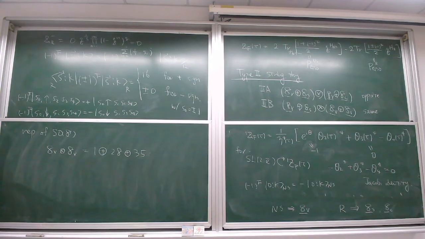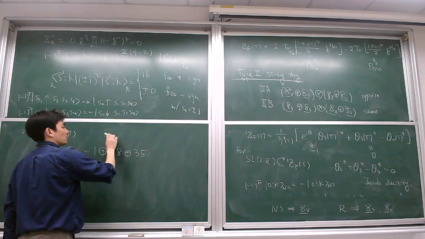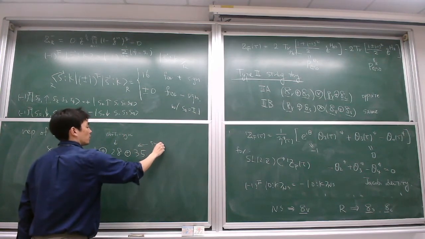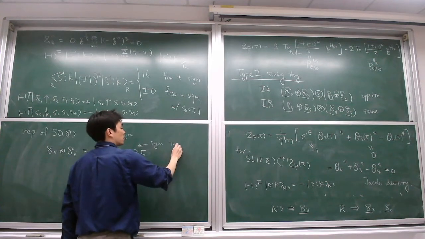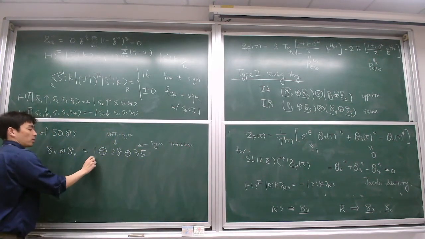This is a familiar decomposition. Do you know what 1 corresponds to? What 28 corresponds to? Good. So this is anti-symmetric, this is symmetric and traceless, and this is the trace part.